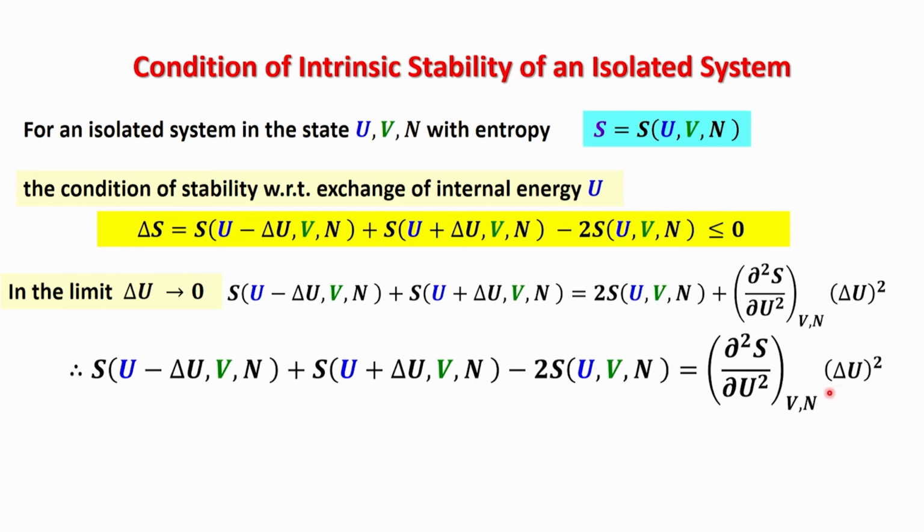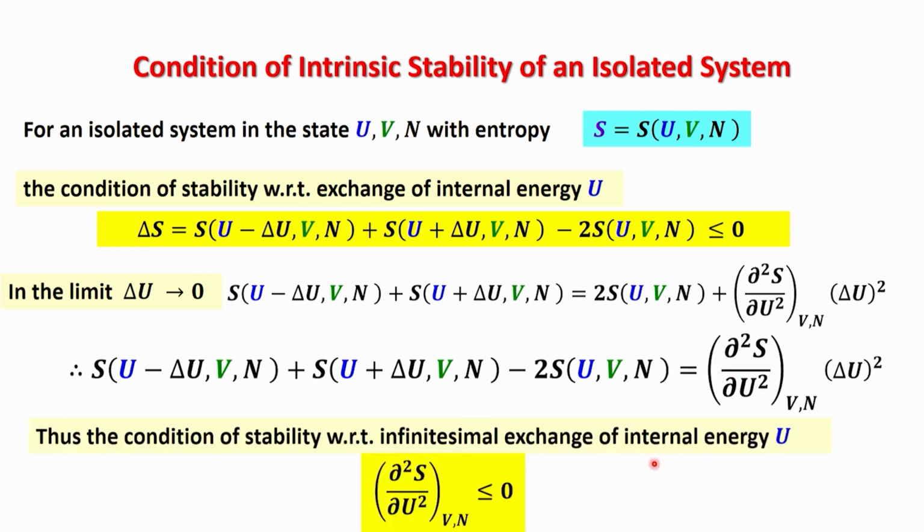Now, the condition of stability is given by the sign of this term, and as I know that delta U is not equal to 0 and it is a square term, the sign of the left hand side will entirely depend on the sign of this second derivative.